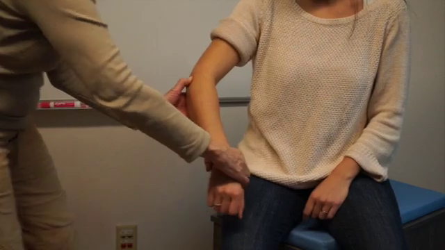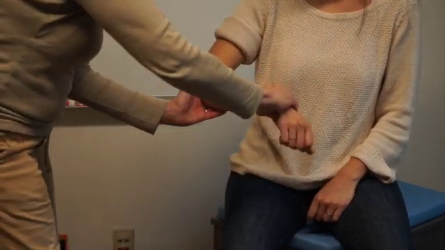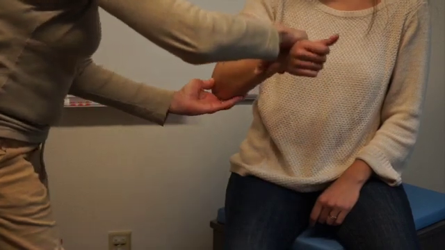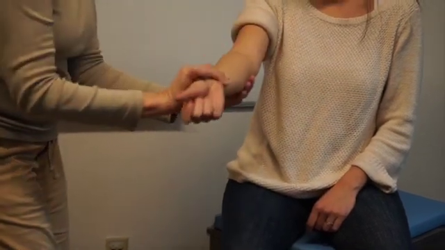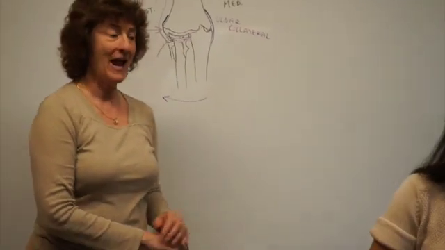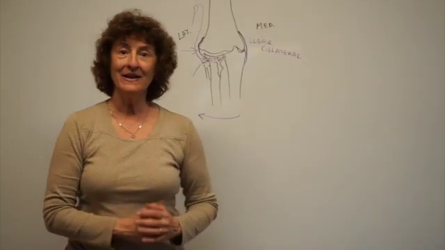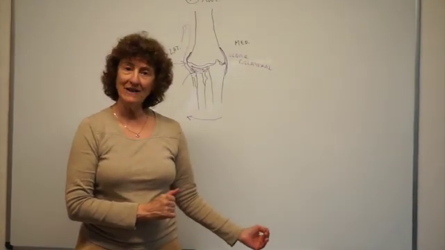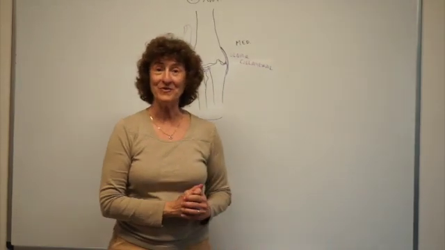So what we'll do is you want to put the child into full pronation and arc them into supination. And that will reseat that radial head back into the annulus. If it's relatively soon after the injury, the response is pretty dramatic.